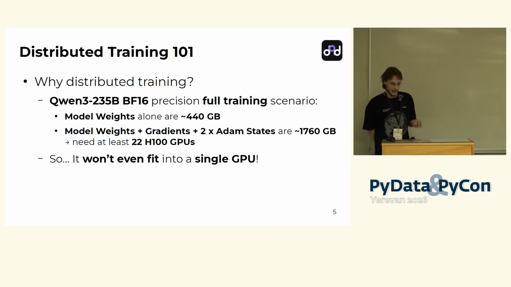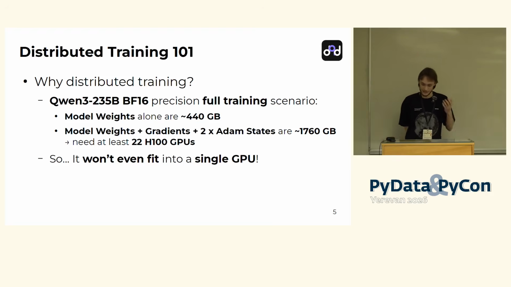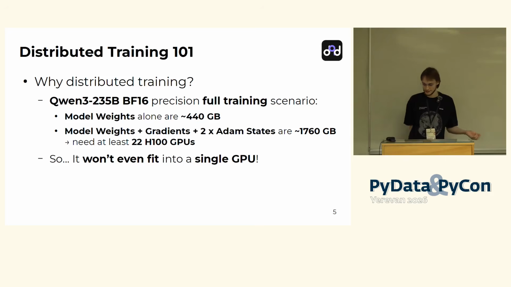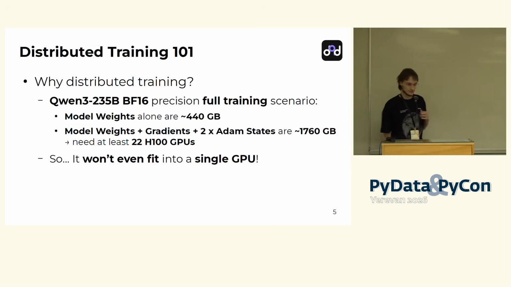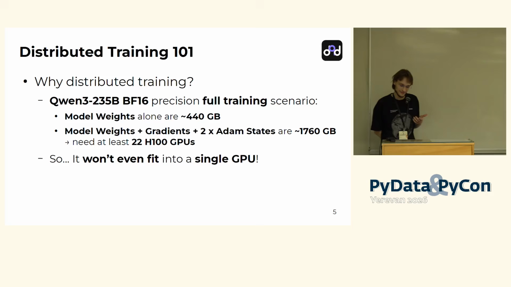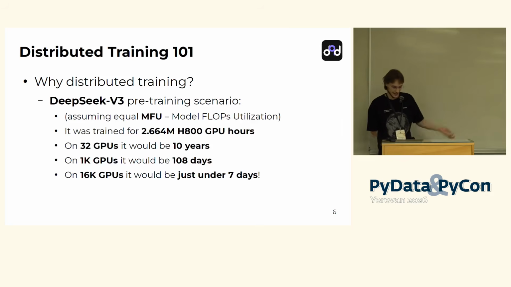And if we try to train it, we also need to take into account the gradients and the Adam states. There are 2 of them. This way, we need just under 2 terabytes of video memory just to fit the model. So we need at least 22 H100 NVIDIA GPUs. And obviously it won't even fit into a single GPU. That's reason number 1 why we need to distribute training.